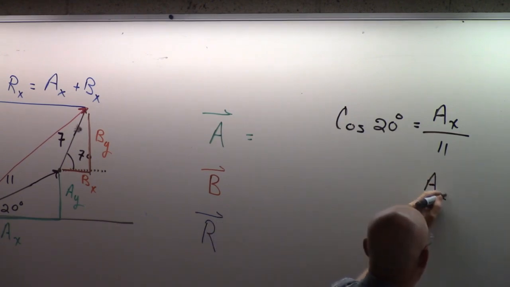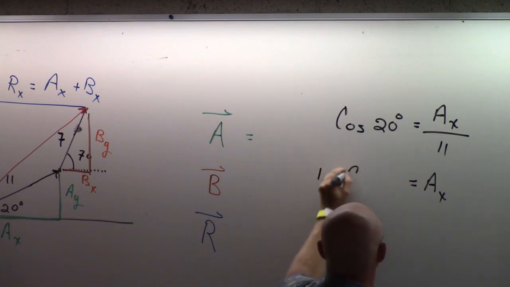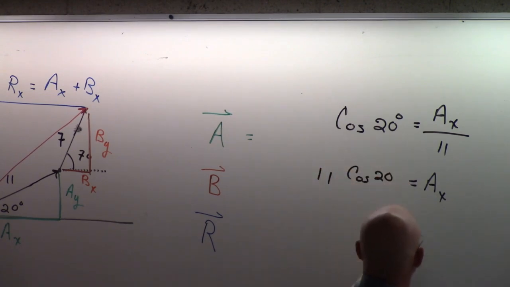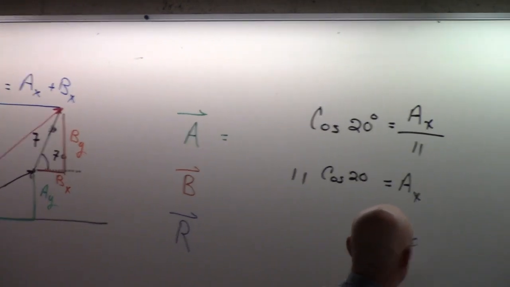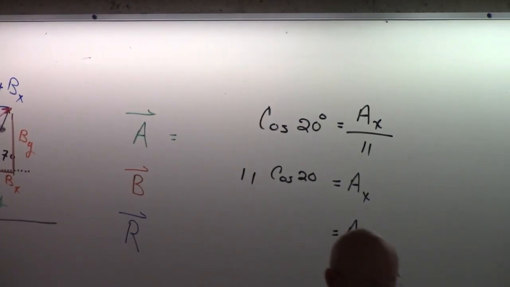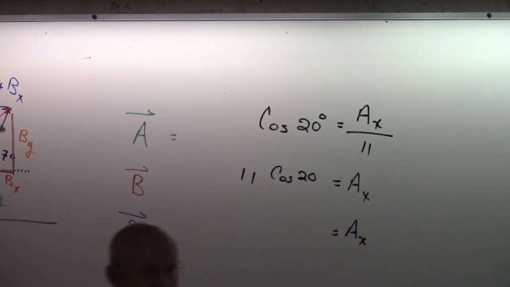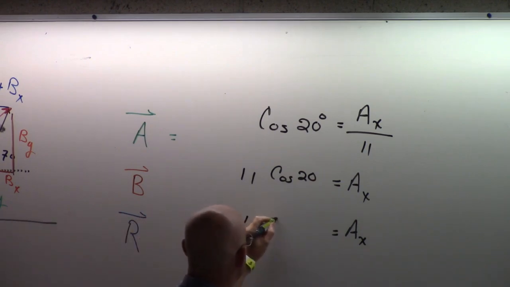Meaning AX is 11 times cosine of 20, and that's going to give me my first of my four numbers to get. Okay, so cosine of 20, enter, and then times 11 gives me 10.3.